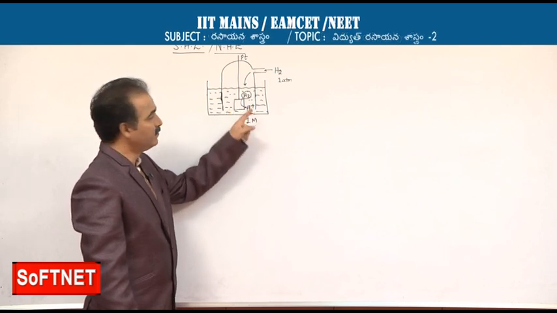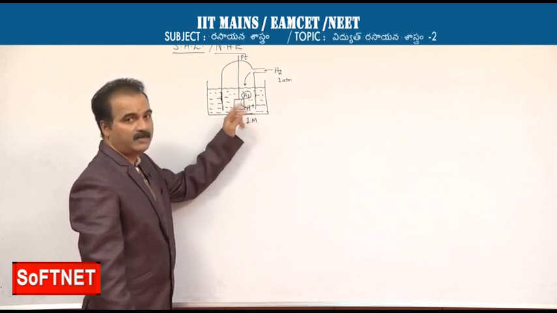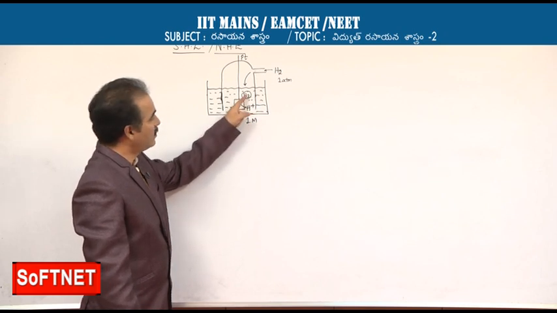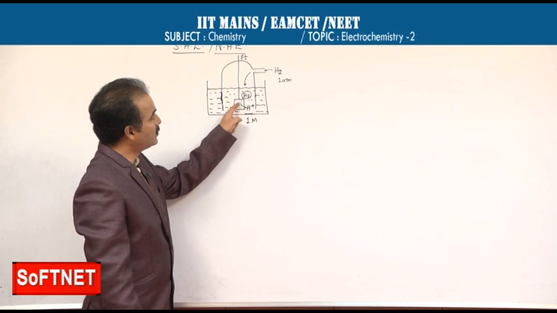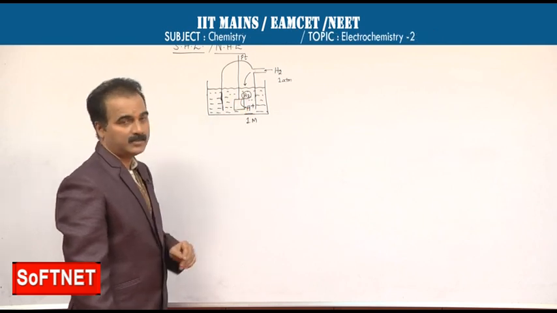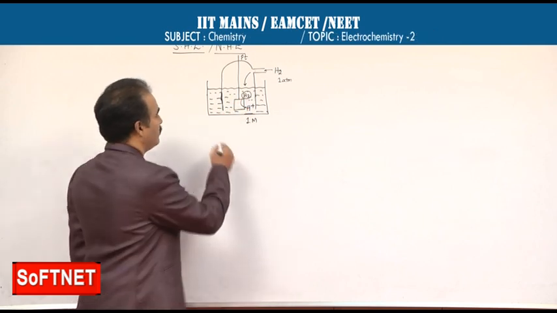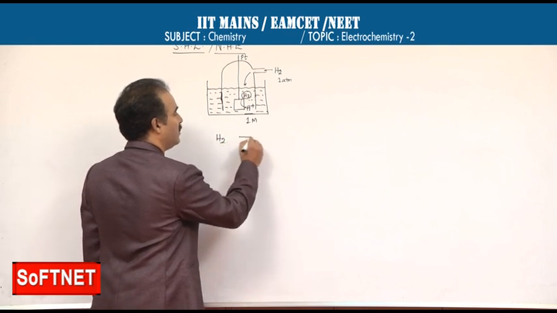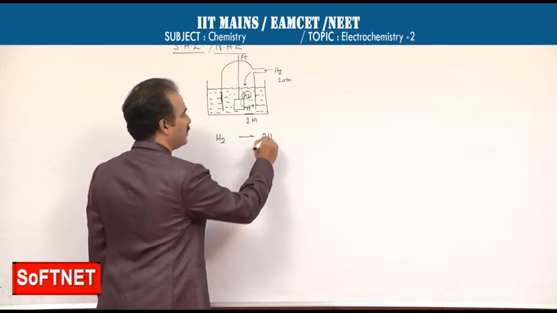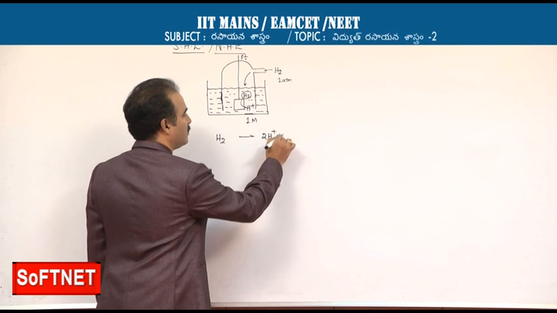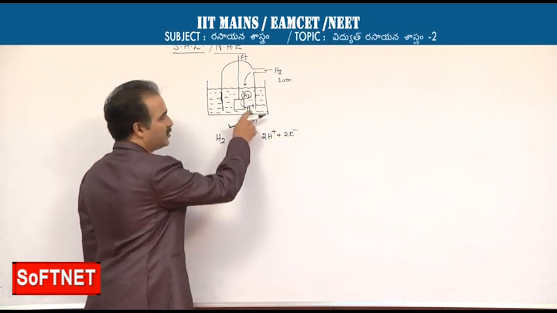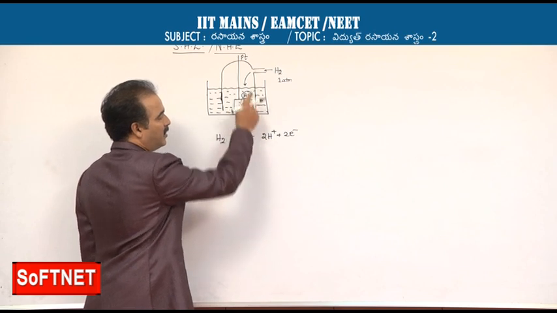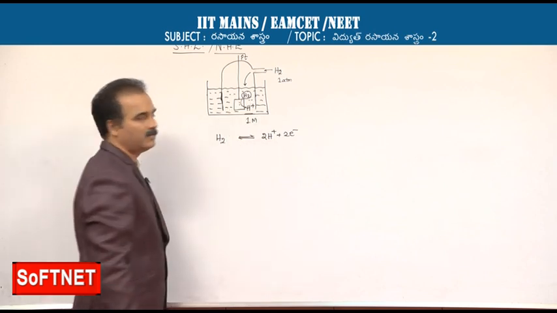The same hydrogen in two different phases will compete with each other, like hydrogen wants to convert into H plus and H plus wants to convert into hydrogen. In this competition, hydrogen will convert into H plus by losing 2 electrons, and the 2 H plus ions from solution will take the 2 electrons and will convert into hydrogen.